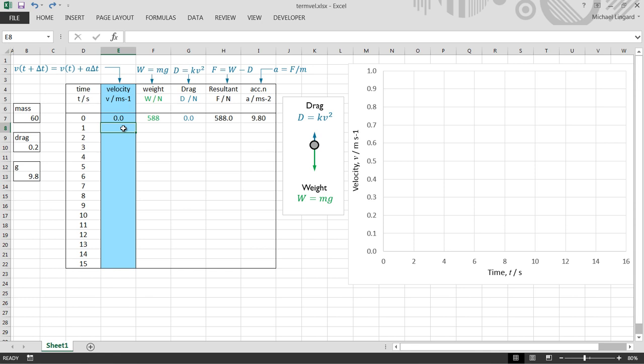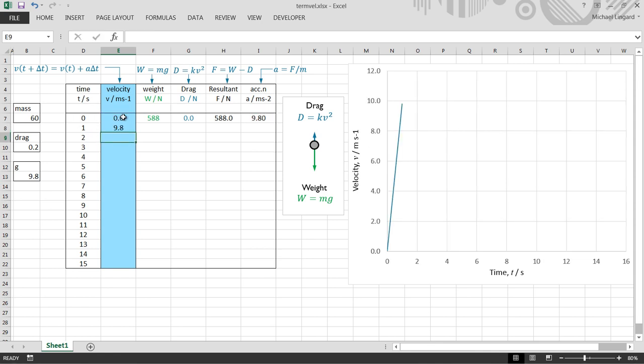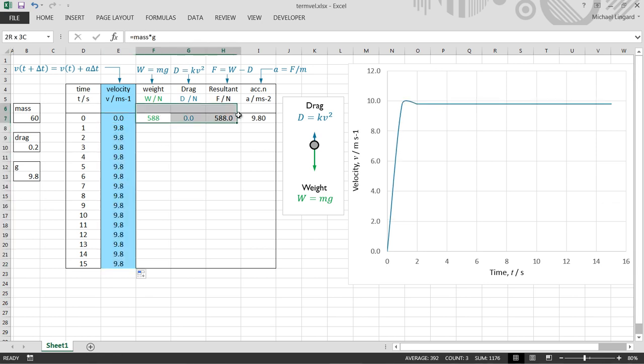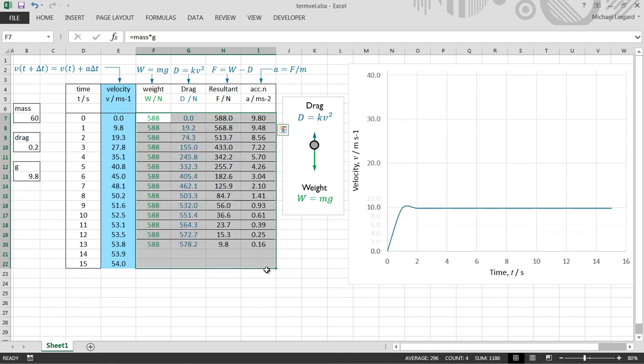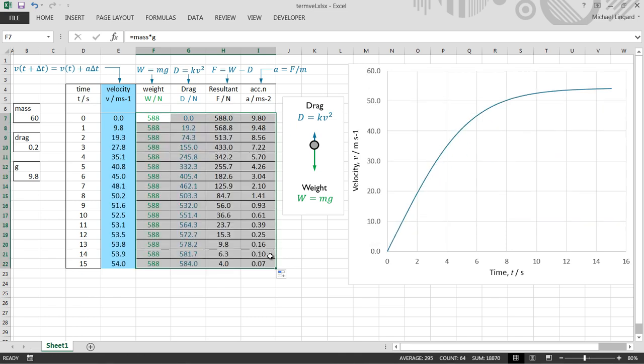So thinking back to the previous slide, we're going to say that the velocity is equal to the previous velocity plus the acceleration multiplied by the time interval. But as we've conveniently chosen the time interval to be 1, we're okay and good to go like that. Now if we fill this down and fill these down, it'll successively recalculate, and look what we get. The curve that we were looking for all along.